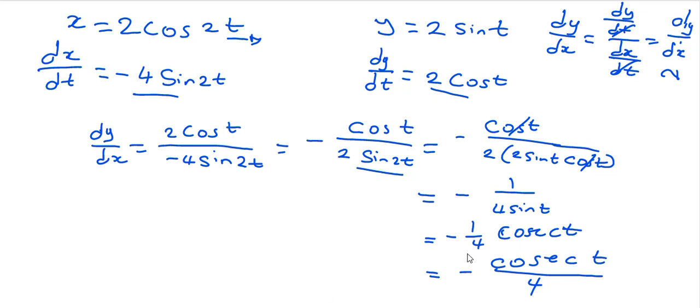Okay, so let's find the second derivative of this. We open the new one. We have dy over dx being negative cosec t over 4.